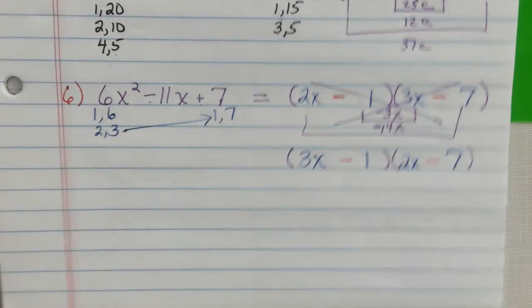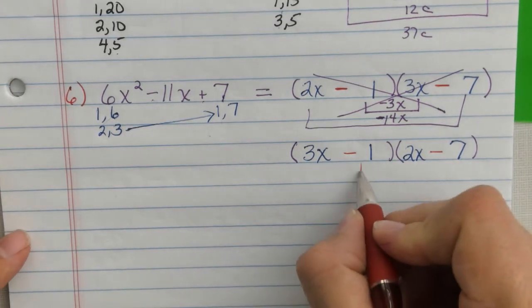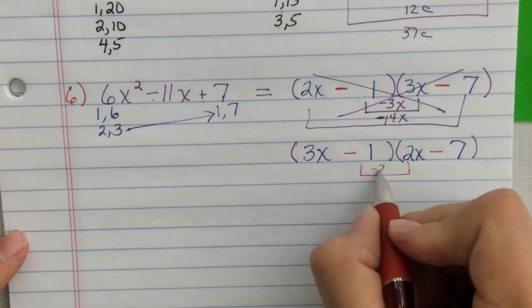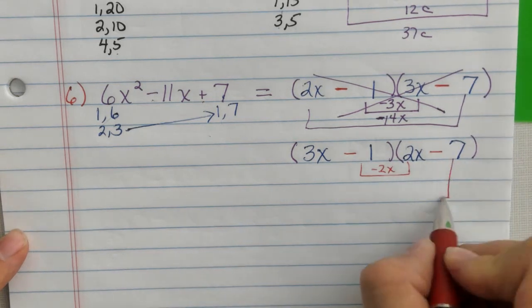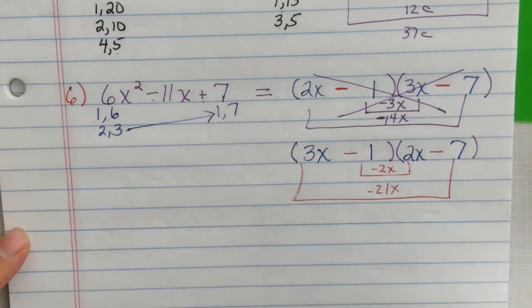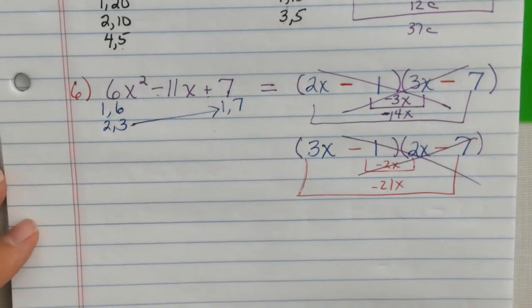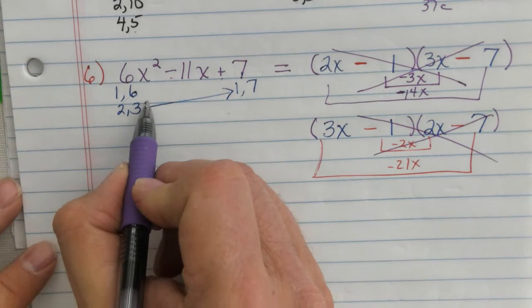Is that going to give me a negative 11x when I look at those inner and outer? No. A negative 2x and a negative 21x. No. Well, okay. That means that 2 and 3 won't work.